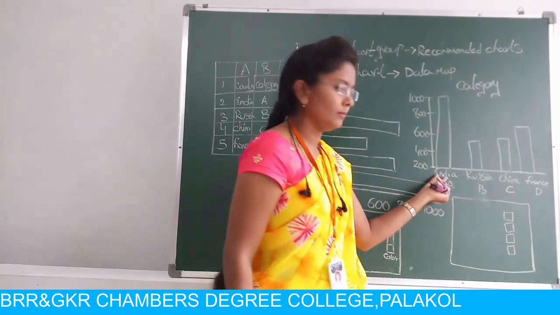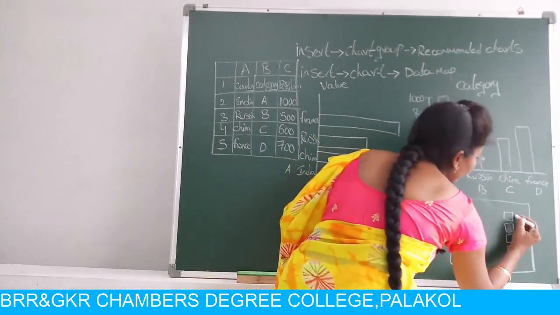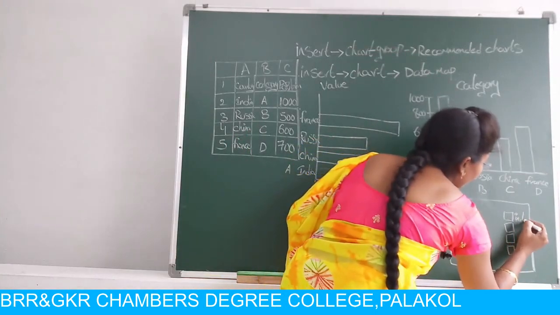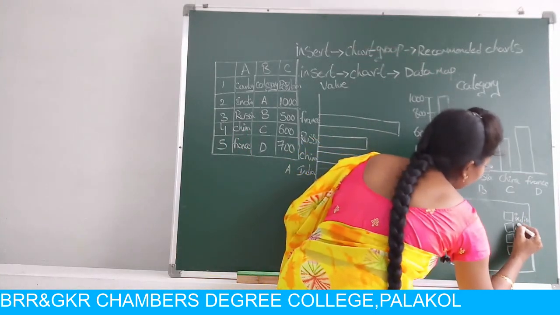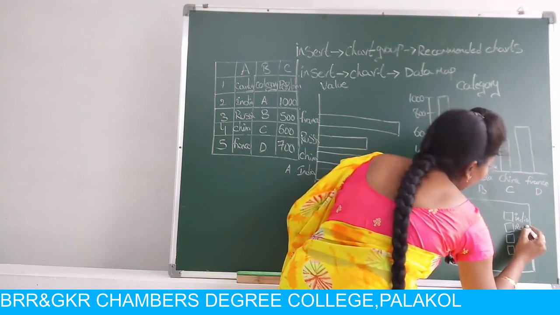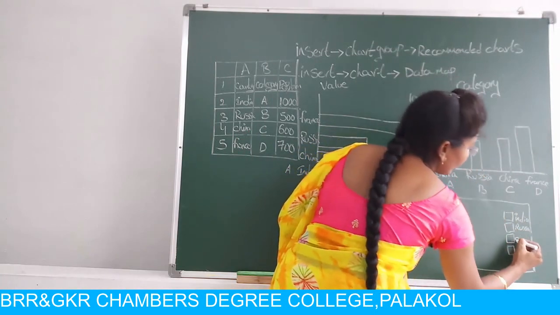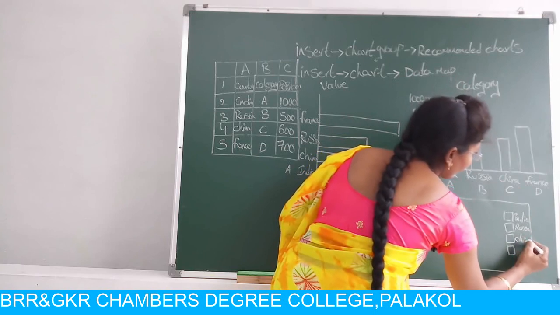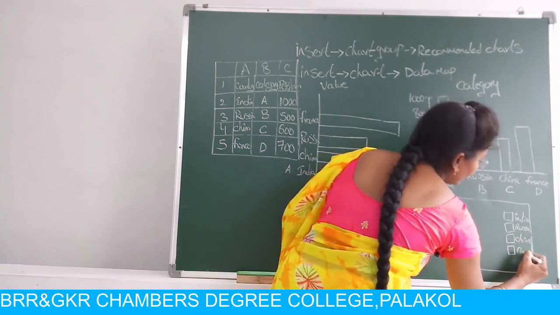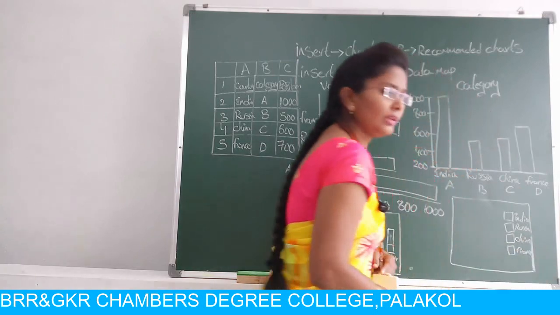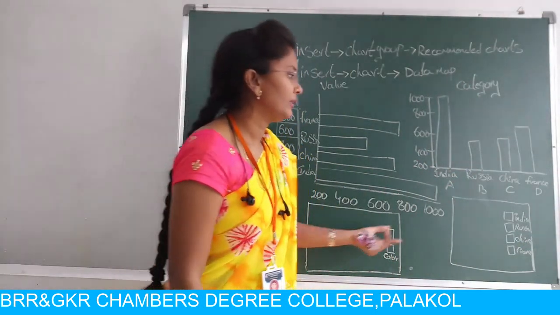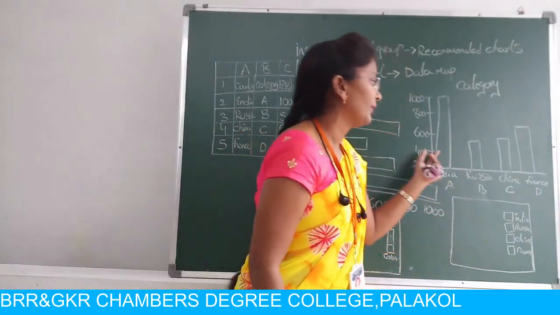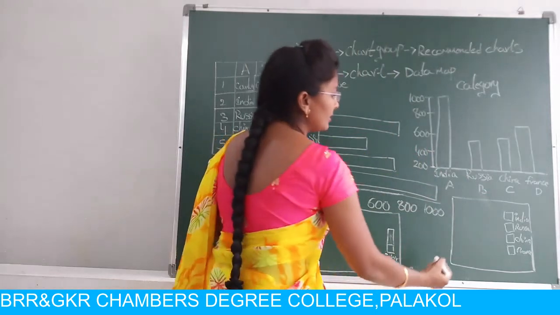Here India is the first, the second one is Russia, the third one is China, and the next one is France. This is the data I entered in the map according to the chart that appeared in the Excel sheet.